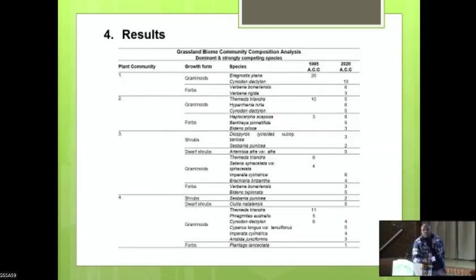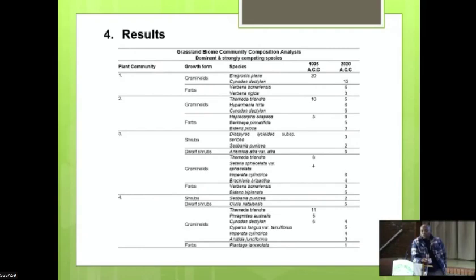So these are species composition changes that manifested in the communities. Here I'm going to highlight your dominant species that are strongly competing in the community. You can see over 25 years, there were changes in composition, whereby some species were really reduced in cover, and other species came in.